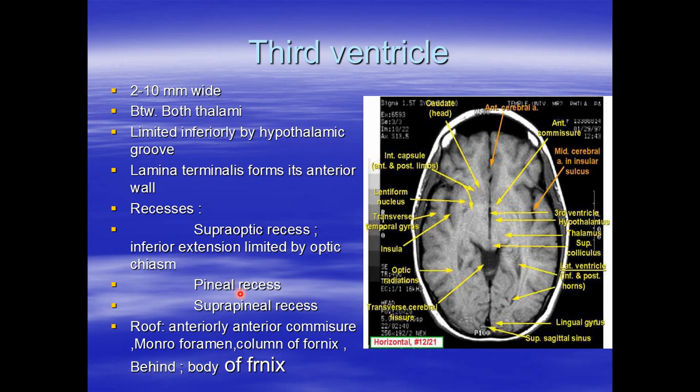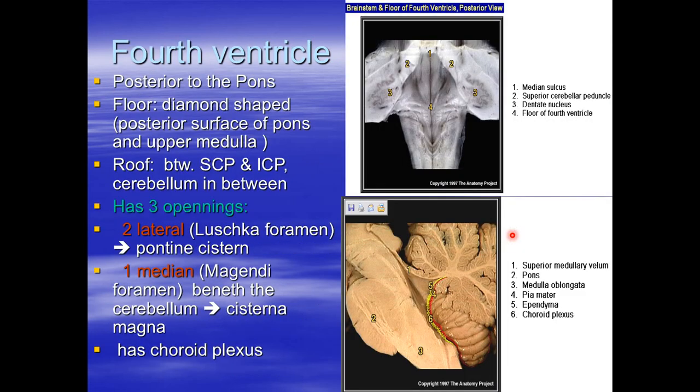The pineal recess is located between the two laminae of the stalk of the pineal gland, and then the suprapineal recess. The roof anteriorly is the anterior commissure here, and the foramen of Monro and the column of the fornix, while posteriorly it's the body of the fornix. We will see some images later.